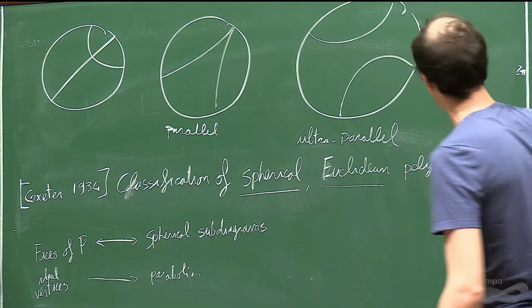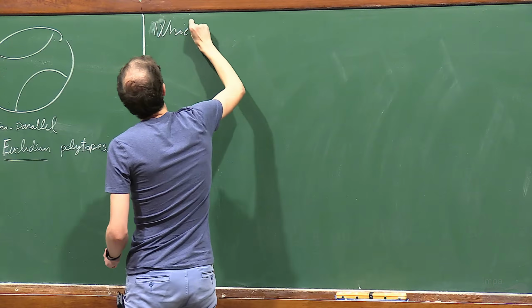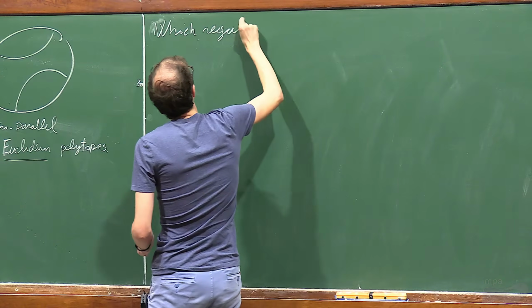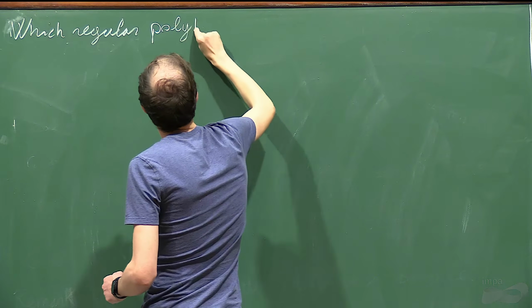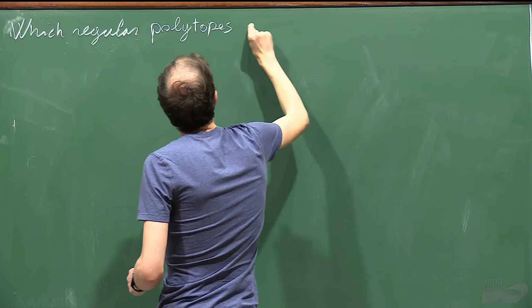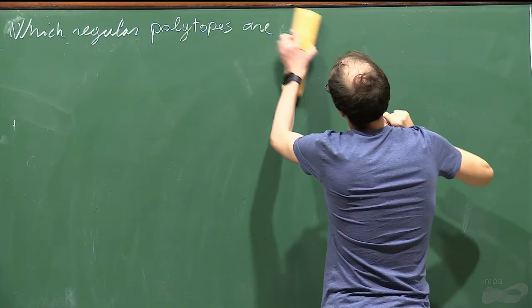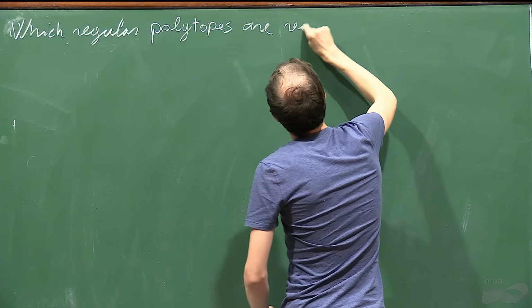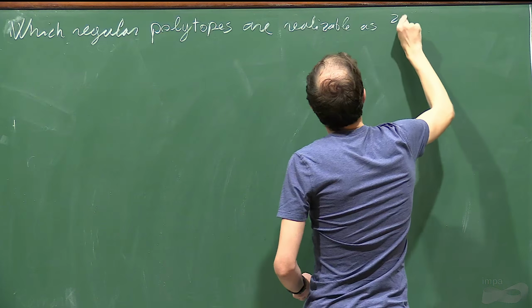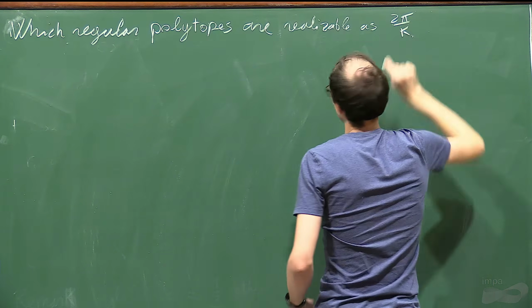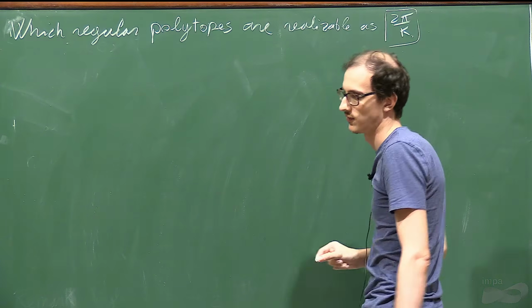So which regular polytopes are, let's say, realizable as 2 pi over an integer, because I have some lists, and sometimes it's also useful to say it like that.